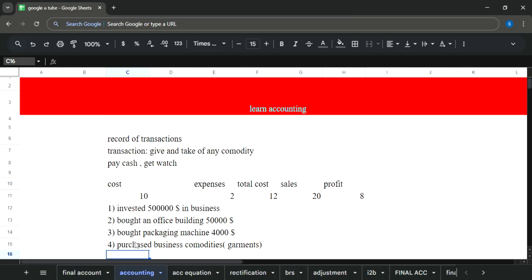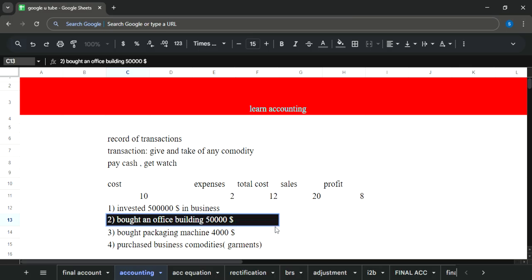In all these three entries we are making a transaction, but these transactions by nature are different. Here, when you will be buying an office building, that office building is not for resale purpose.